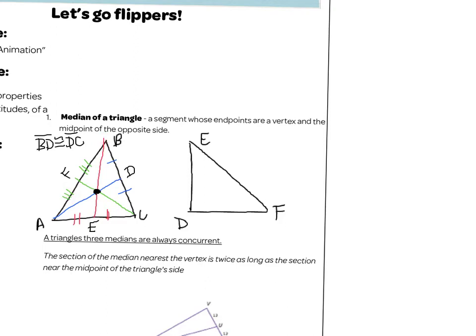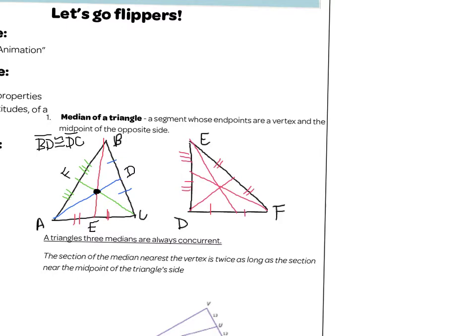Let's try it for DEF over here. There we have another triangle, triangle DEF, where we've drawn in all of the medians that go from the vertex to the opposite side's midpoint. So make sure, again, you're drawing this and you have both examples.